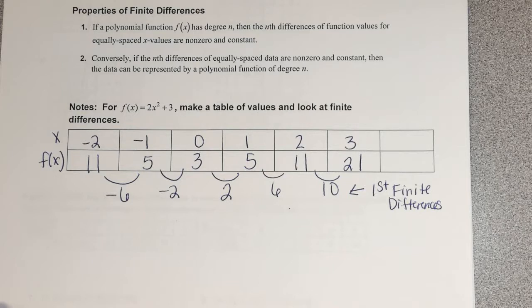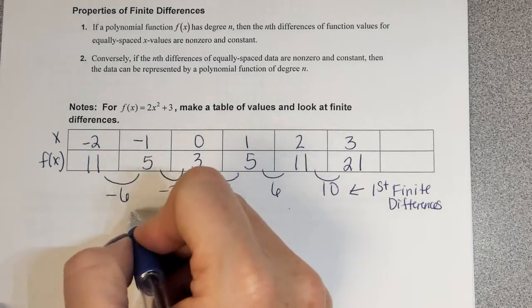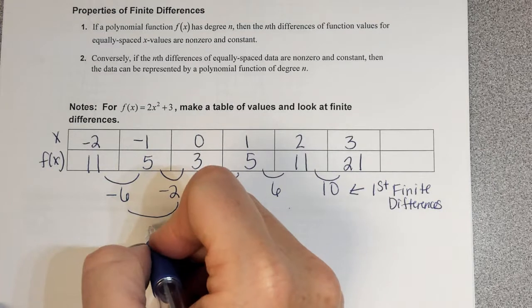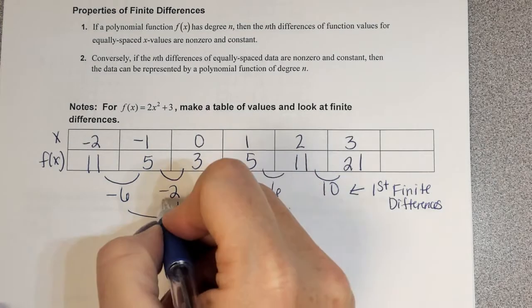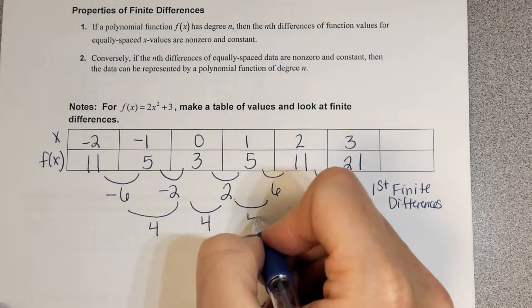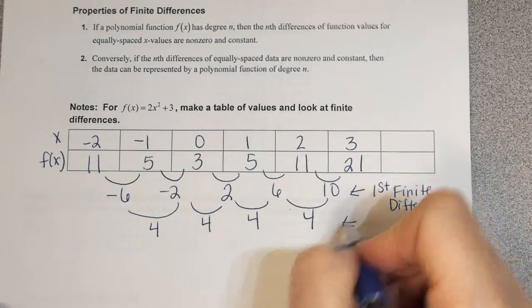In this case, we already know what it is. What is it? It's quadratic, isn't it? We're given it. But let's look at our second differences now. I want you to notice this. -2 minus -6, that's 4. 2 minus -2, that's 4. 6 minus 2 is 4. 10 minus 6 is 4. These are all the same.